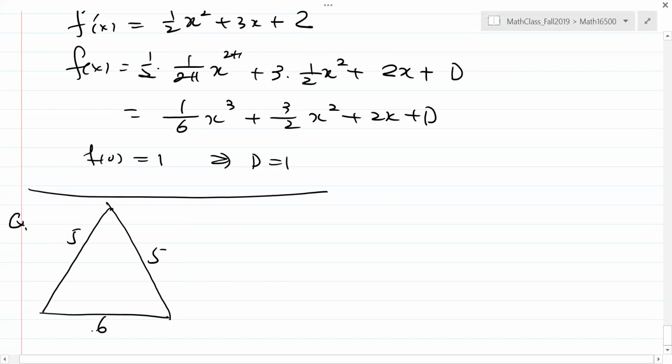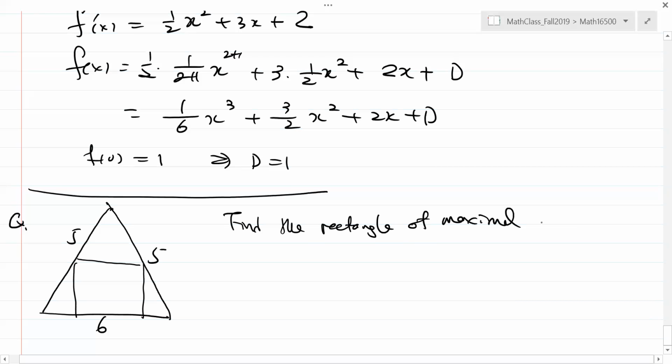Find a rectangle of maximal area that is inscribed inside the triangle as shown here. Okay, when h is at the bottom.